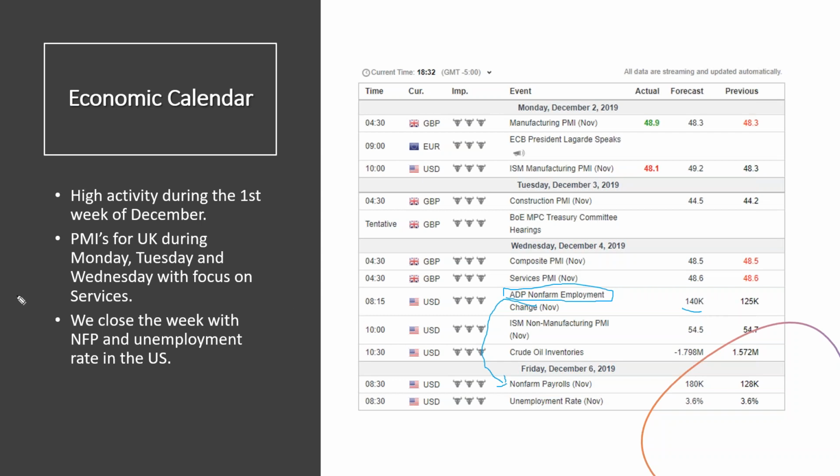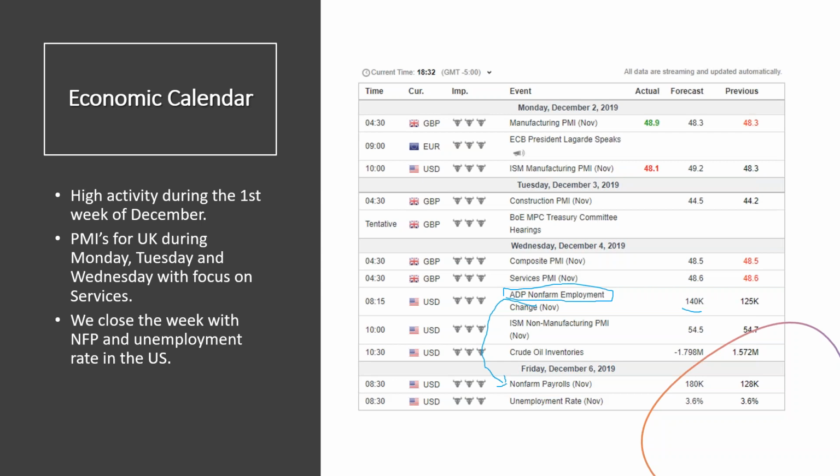Someone is asking, what do you expect from the market? What do you mean with that exactly? We are talking now about the American market. Consensus is what all the experts are expecting for this KPI.